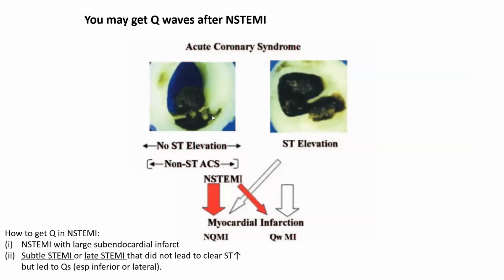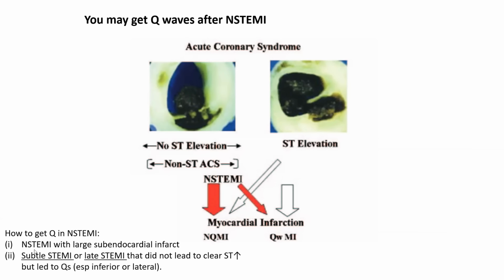Okay, another very important idea is Q waves. Q waves are traditionally a result of ST elevation, transmural MI, whereas non-STEMI traditionally doesn't lead to Q wave, but there is an overlap. You may have non-STEMI that gives Q waves. And why is that? How to get Q waves in non-STEMI? One, it's a non-STEMI with a large subendocardial infarct.